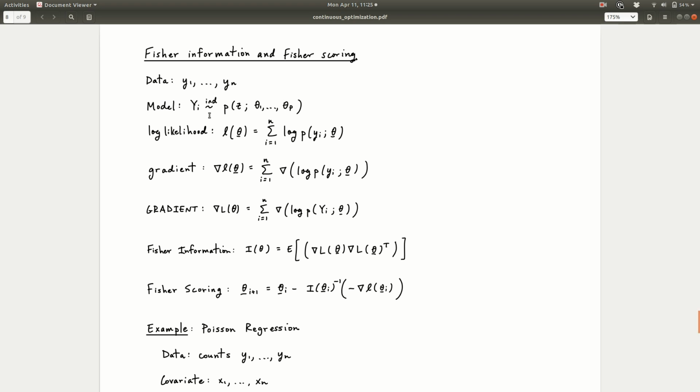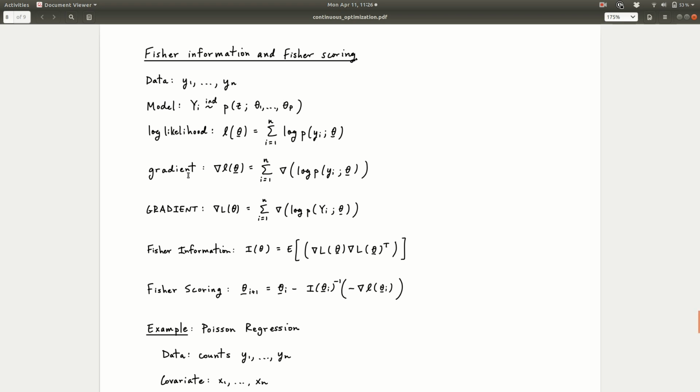So I'm saying capital Yi is independent, and I'm representing the probability distribution with its probability density function, P, or it could be probability mass function, with argument z and parameters theta 1 up to theta p, which will stack in a vector called theta. Now, if the model is independent, then the log likelihood is just the sum of the individual log likelihoods. And to evaluate the log likelihood, we plug in the data, yi.